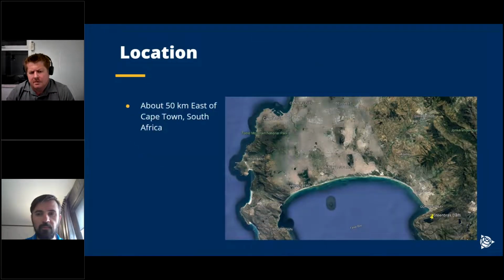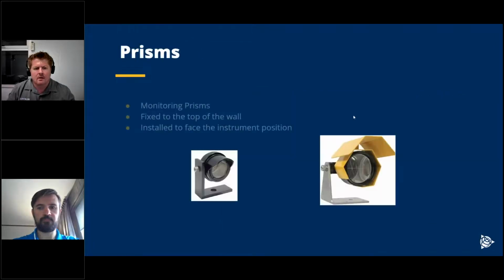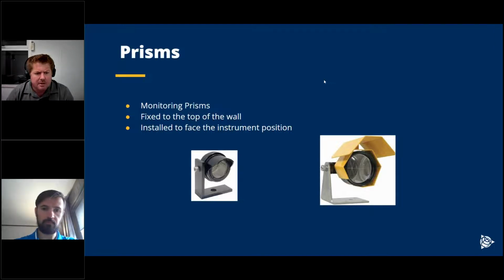Okay, so the location of Steenbras Dam is about 50 kilometers east or a little bit southeast of Cape Town. So there you can see on the picture here at the bottom right, that's where Steenbras Dam sits. So the prisms that we use are the normal 62 millimeter monitoring prisms, as well as a couple of mini prisms, the 25 millimeter prisms.